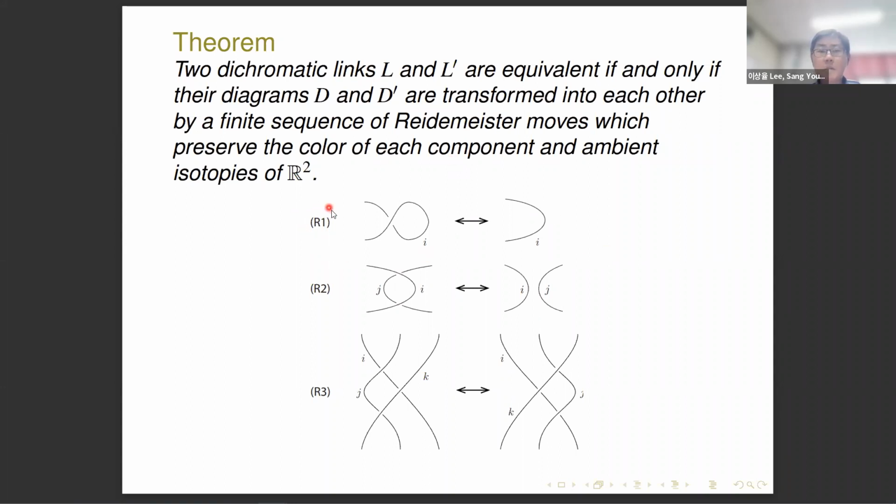So this is a Reidemeister move type 1, and this is type 2, and this is the third. In these moves, there are labels here, okay? So these moves preserve the labels. That is important here.